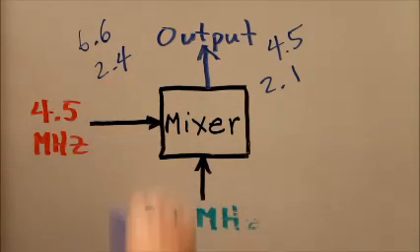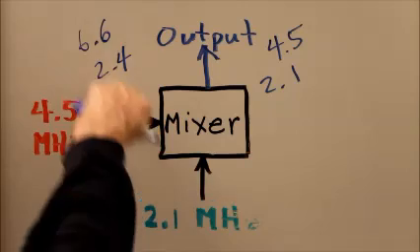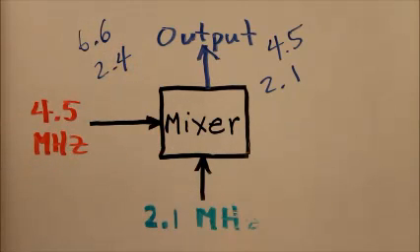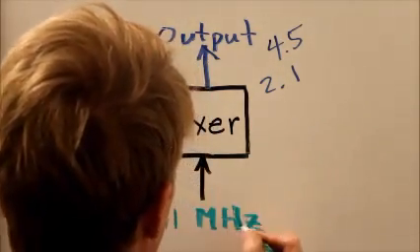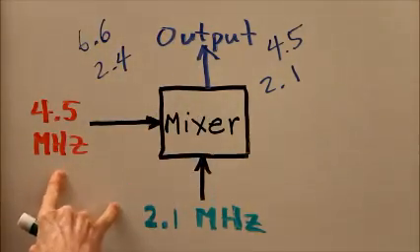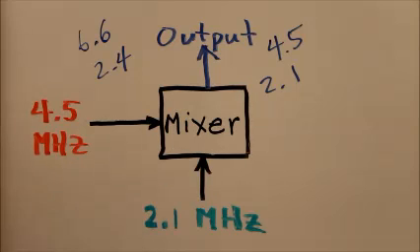Now, those have specific uses in radio equipment. We can take advantage of either the sum or the difference frequency. In general, the way that a mixer will work in practice is that we'll have two different signals at the inputs whose frequency can vary.